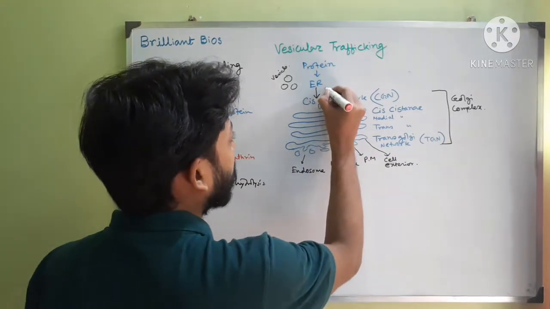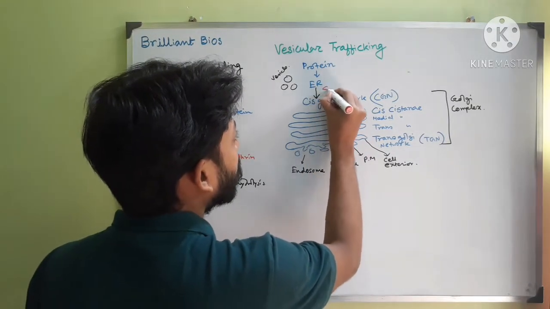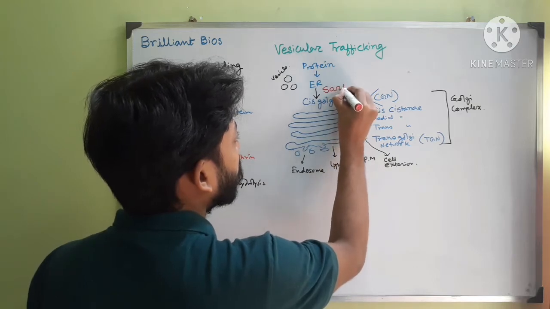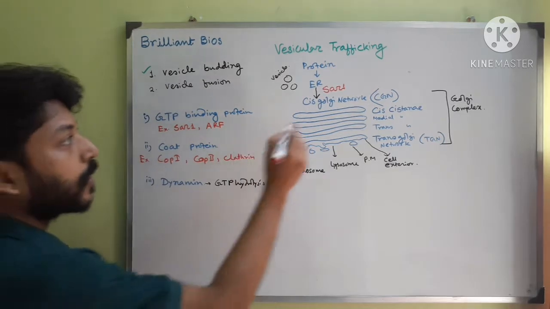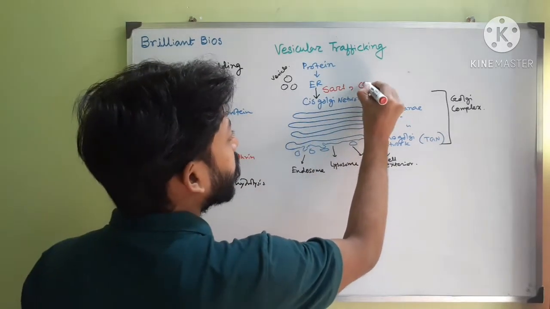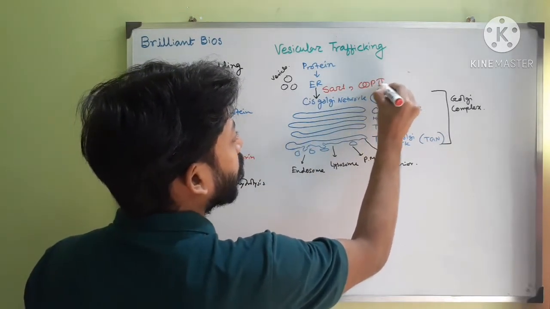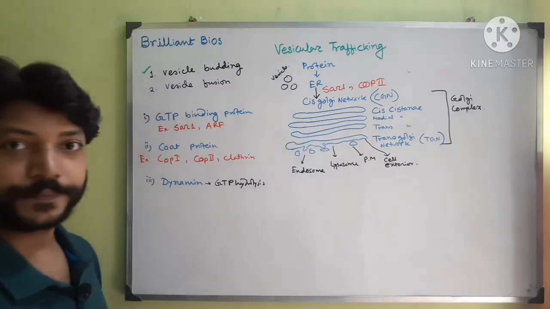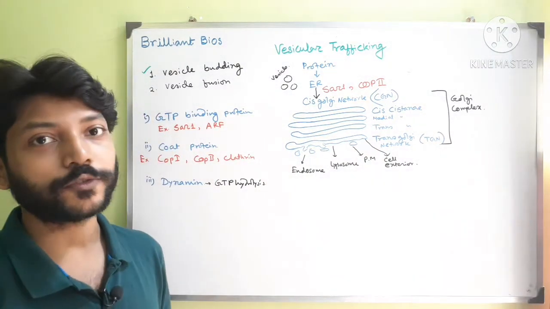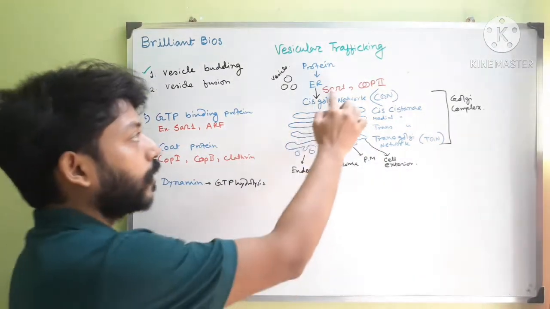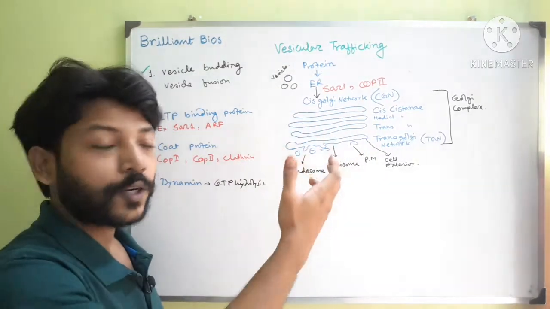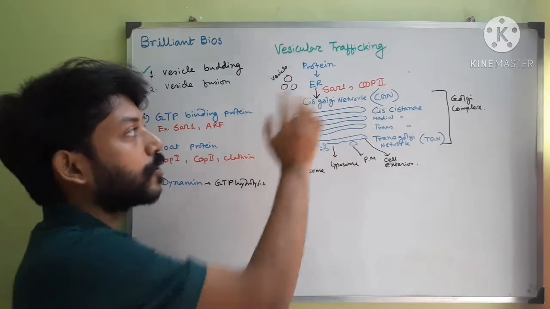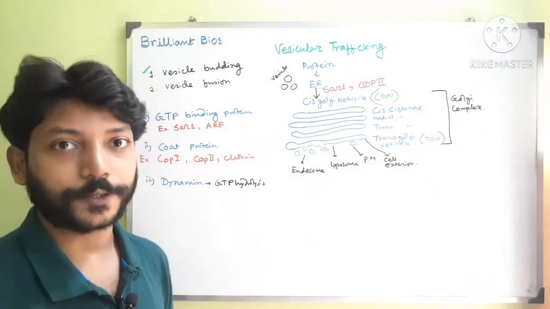So only for ER to the cis-Golgi, the SAR1 GTP binding protein is important, and among the coat proteins, COP2 helps in this budding. You have to remember this. SAR1 and COP2 help in the budding from the ER to the cis-Golgi network.